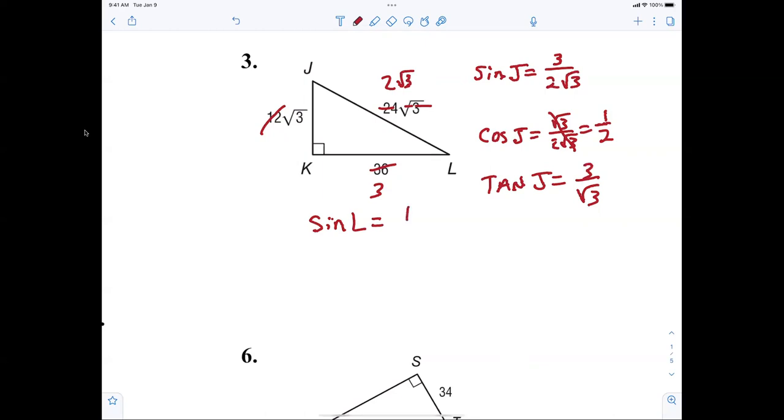Yes. Because it's the same as what? Cosine of J. What's the cosine of L? And then tangent. Perfect, guys. I appreciate it.